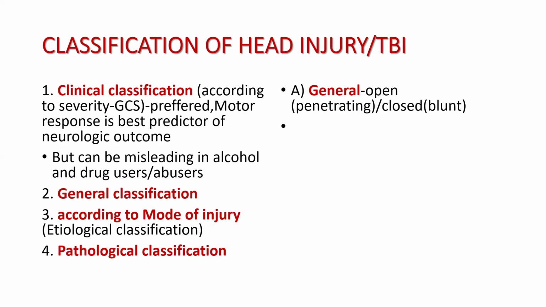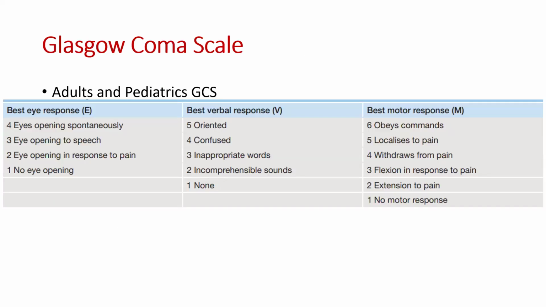The doctor talked about the penetrating injuries caused by ballistics and bullets, or it could be closed injury, where it is caused mainly by blunt trauma. Then it could be according to mode of injury, which is etiologic classification. There is also pathology classification.